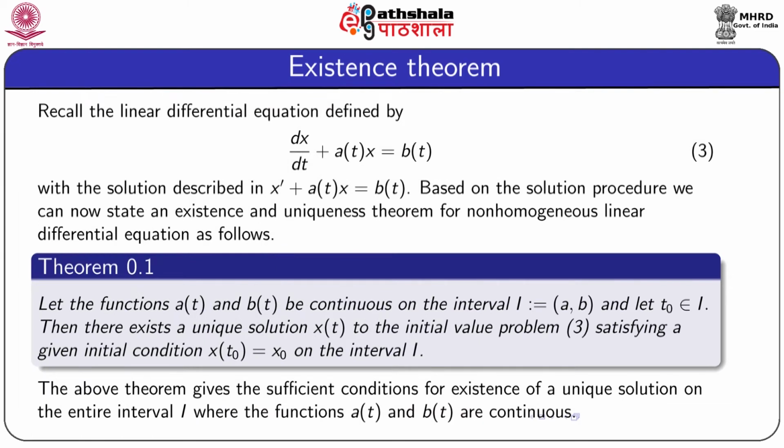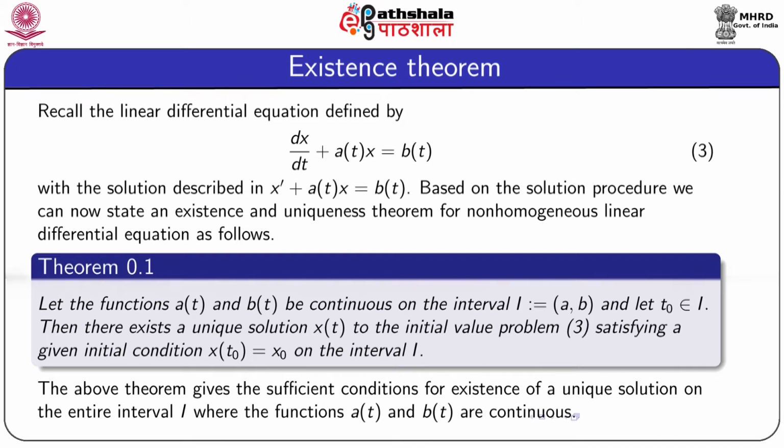Recall the linear differential equation of the form dx/dt + a(t)x = b(t). Based on the solution procedure, we can now state an existence and uniqueness theorem for this non-homogeneous linear differential equation as follows.